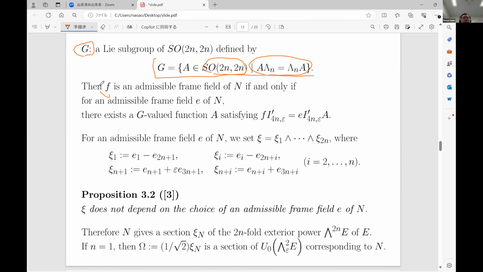Then small f is an admissible frame field of N if and only if, for an admissible frame field small e of N, there exists a G-valued function A satisfying this condition.